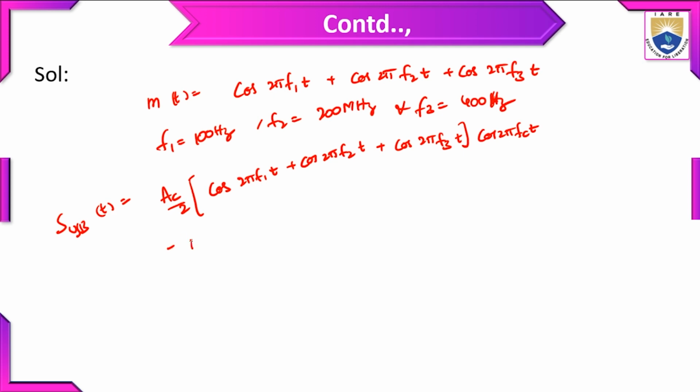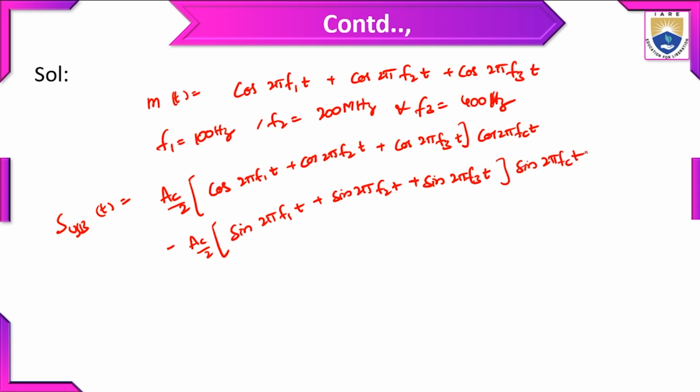And minus (A_c/2)[sin 2πf1t plus sin 2πf2t plus sin 2πf3t] times sin 2πf_ct. So this is the SSB with upper sideband.